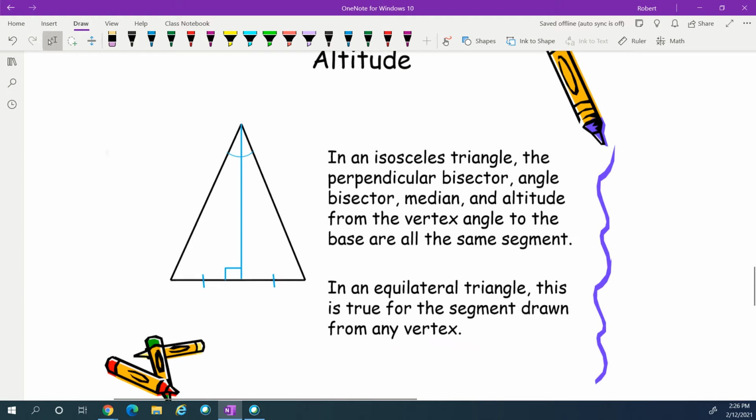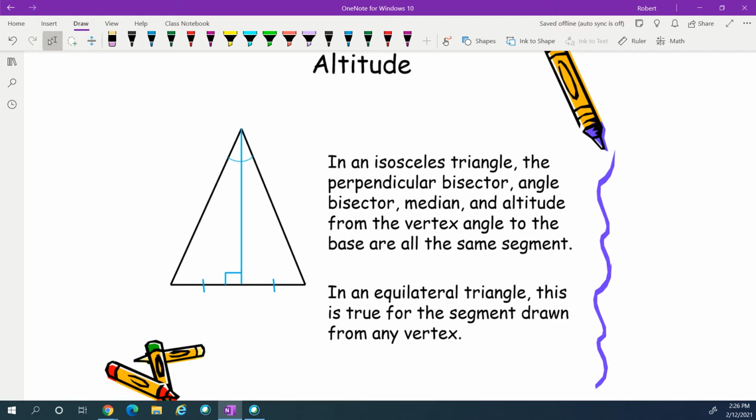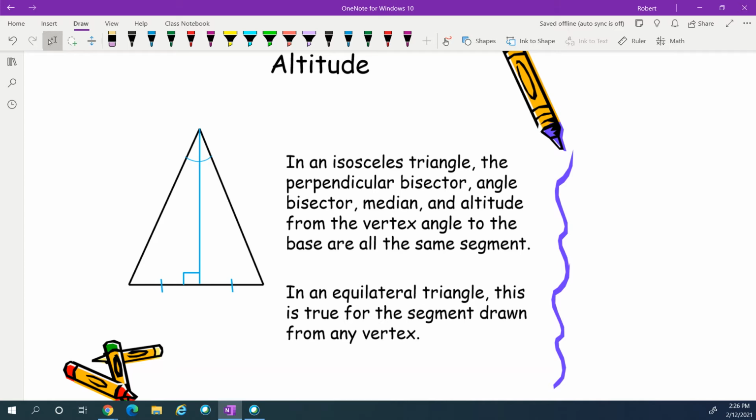Now, here's an interesting point. In an isosceles triangle, that segment drawn into it fits all the definitions. Well, 4 of them. It does not fit a mid segment, but it is a perpendicular bisector because it's perpendicular and it bisects. It's an angle bisector because it bisects the vertex angle.